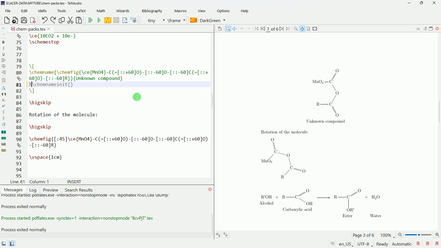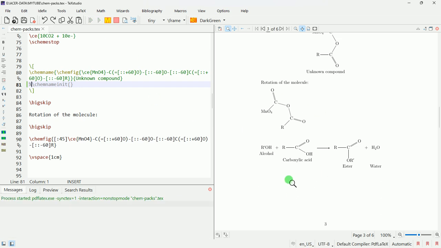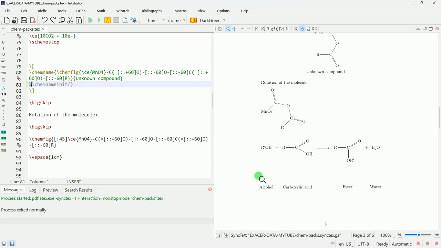So put a percentage sign and compile it. Then you will see that all these names have gone down substantially, although they come in the same line, but this distance is quite large. What we want is that this distance should be slightly smaller. So this line should go a little higher.